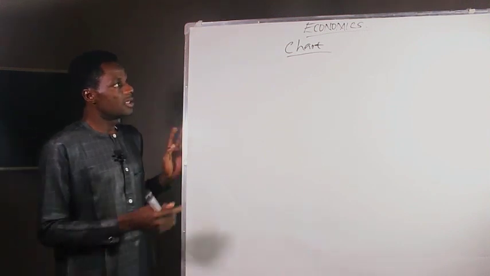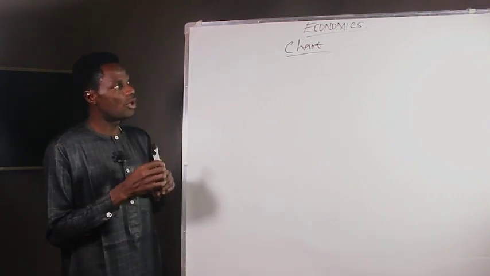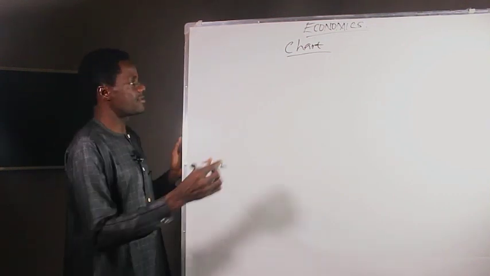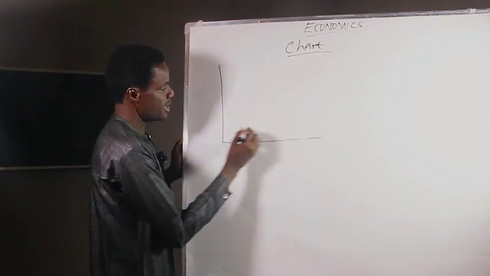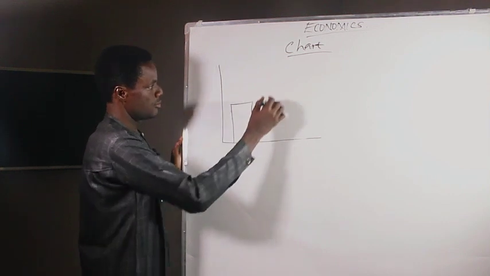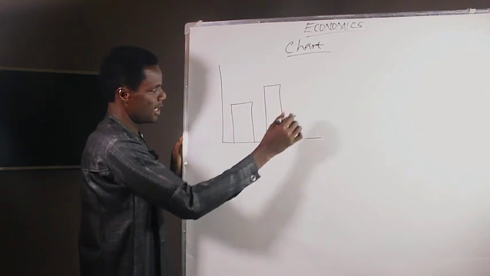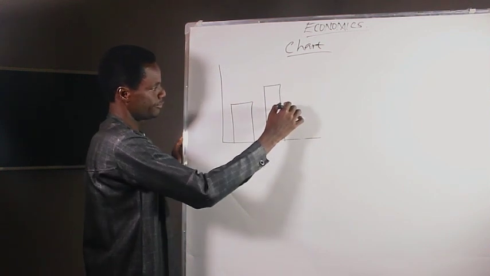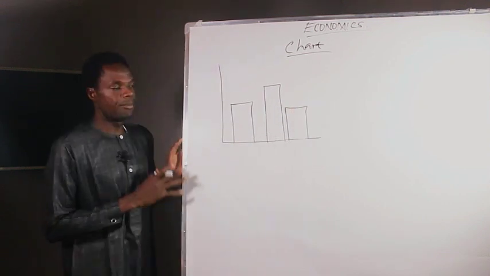Now, in chart, as I said, we are using symbols. We have the one that contains bars. So you may have a diagram containing bars like this. The bars may have gaps between them. So this is what we call a bar chart.